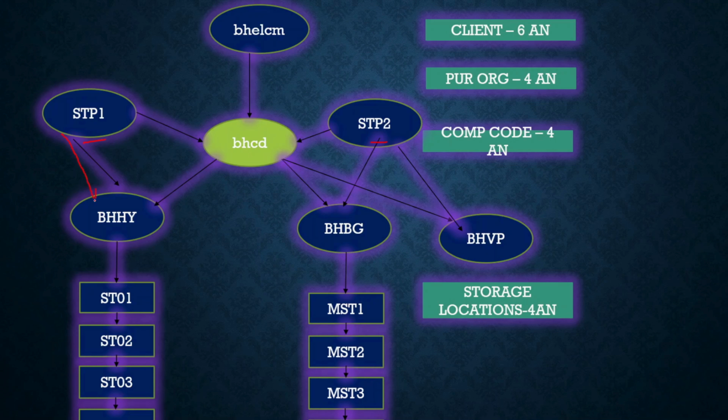Just see the arrows, just focus on arrows. STP1 is only assigned with this plant and this assigned with this company code. So if you see this purchase organization STP1 is only assigned with a single plant. So we can say STP1 as a plant specific purchase organization.